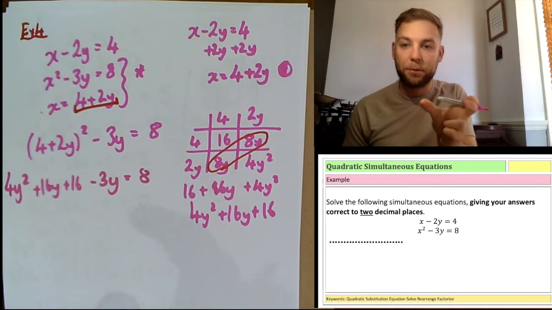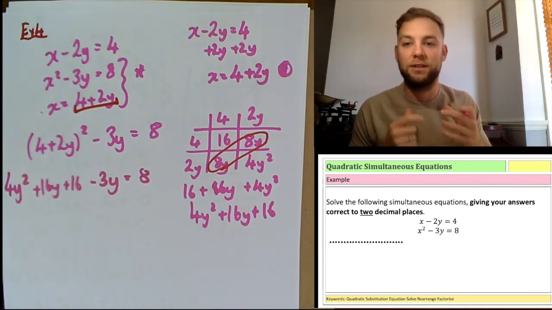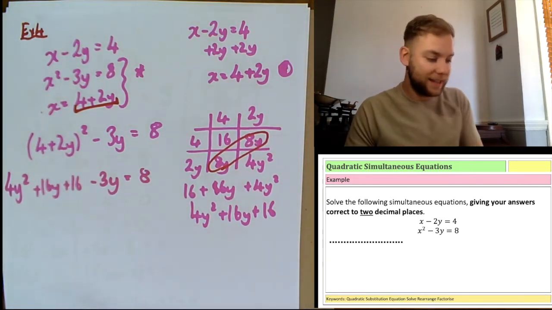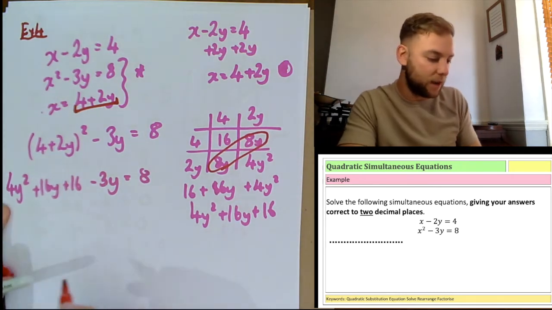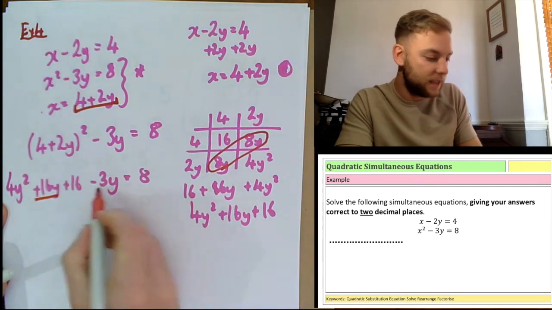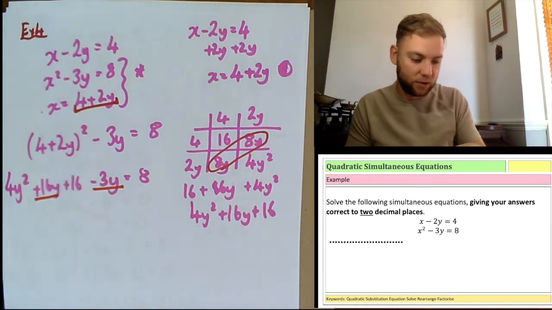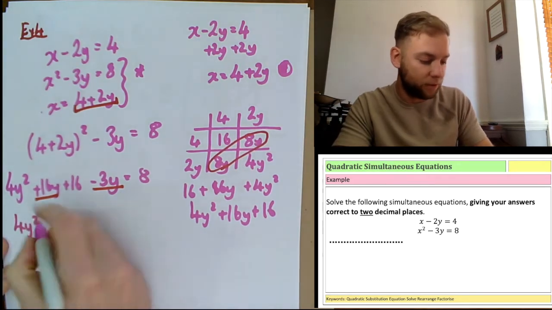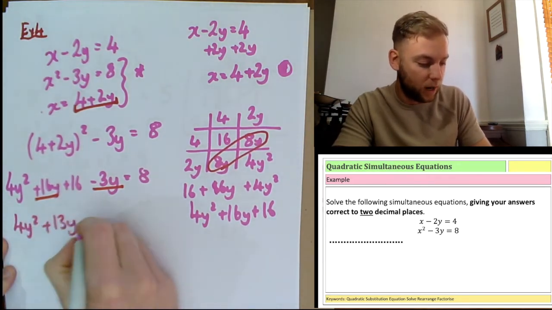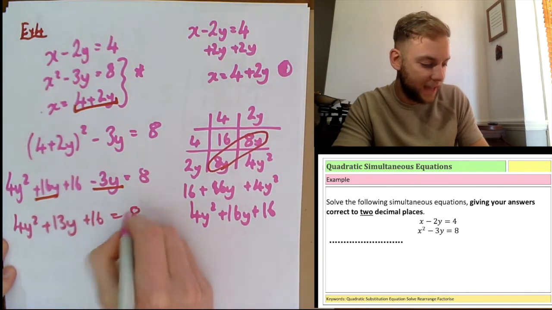So I've expanded that bracket and now I need to make it equal to 0. So let's simplify what I can first. The things I can simplify, well, there's no y squared to simplify this time, but there is these y's. So let's do that first of all. So 4y squared, 16y take away 3y is plus 13y, plus 16 is equal to 8.